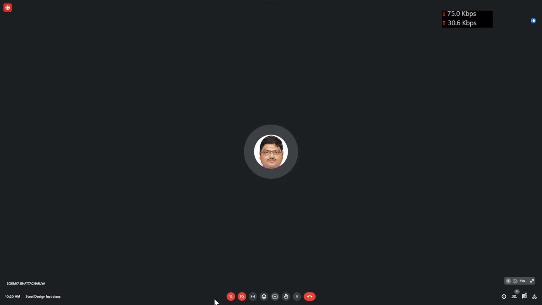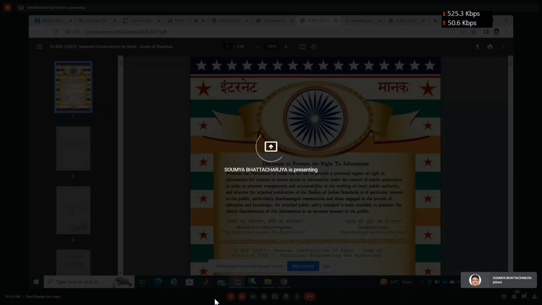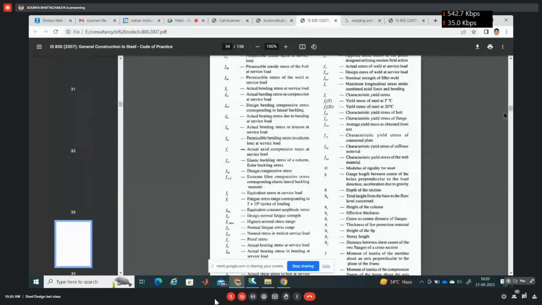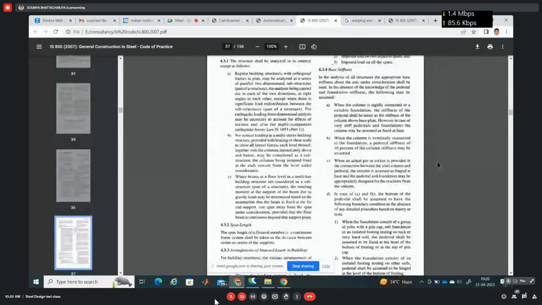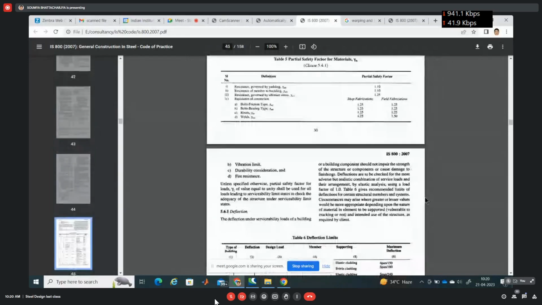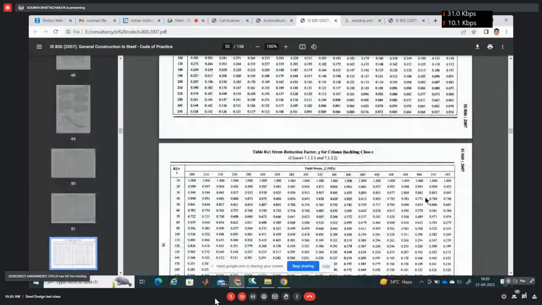Okay. Now, the last part that we are discussing, the concept about two things. In lateral torsional buckling of beam, we have a concept of effective length, that is LLT. And for compression member also, there is a concept of effective length, that is KL.